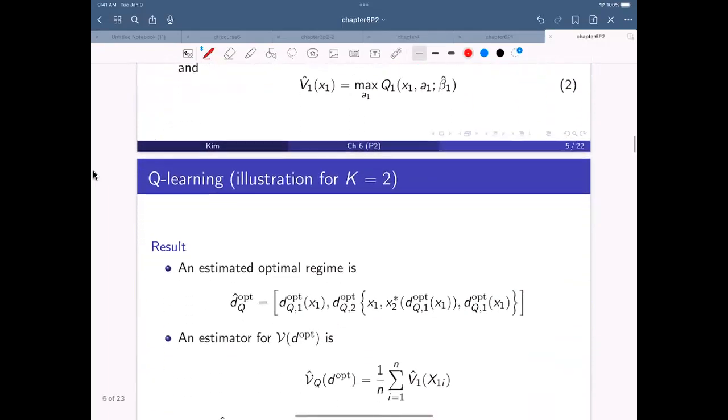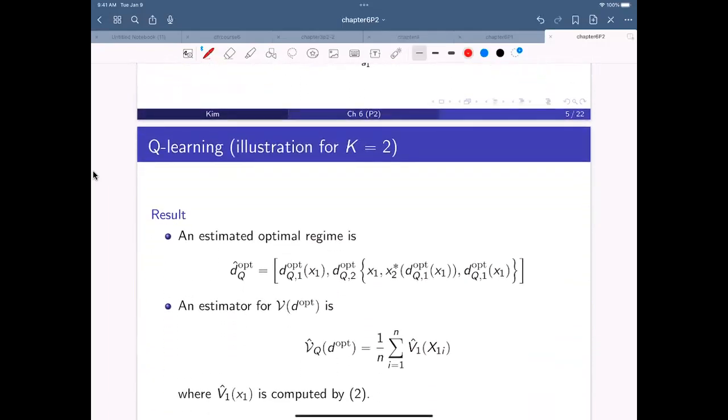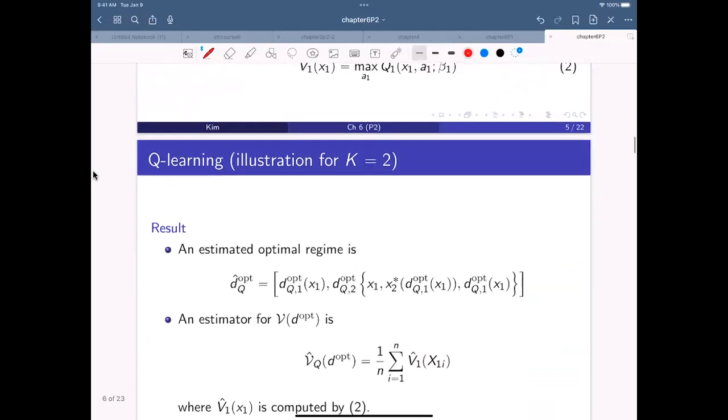And then the final optimal regime is that we use this one at K equal 1, and then for K equal 2, we use the best decision given the history, which is X1, X2, A2, A1.